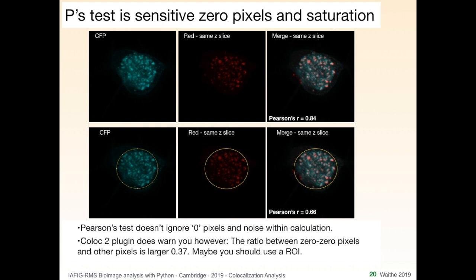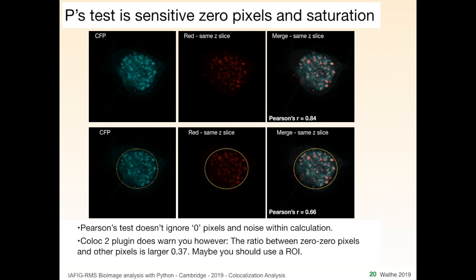If a pixel is black here, that's the same as here, right? It doesn't count as a 0 reading, which you get from, say, the Manders test, because with the Manders test you're only looking at thresholded, segmented pixels. In this case, we're looking at all of the pixels unthresholded, so the black pixels will also contribute.